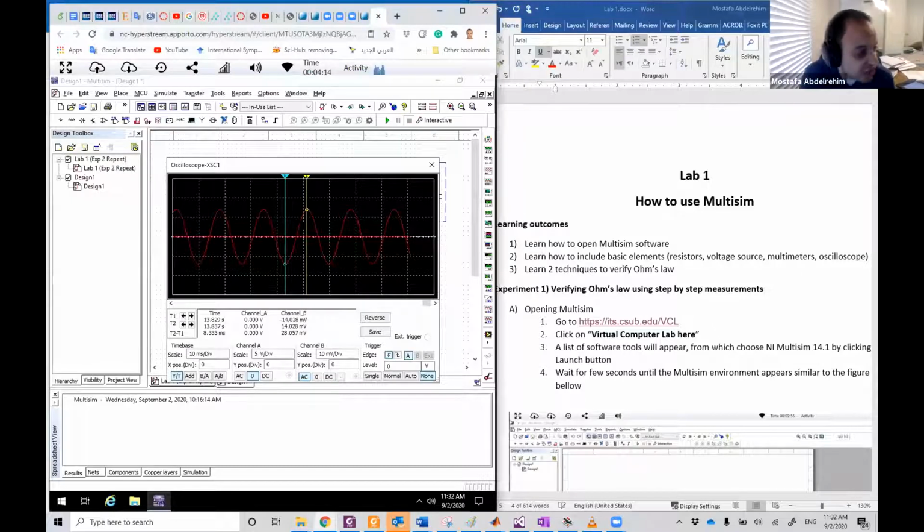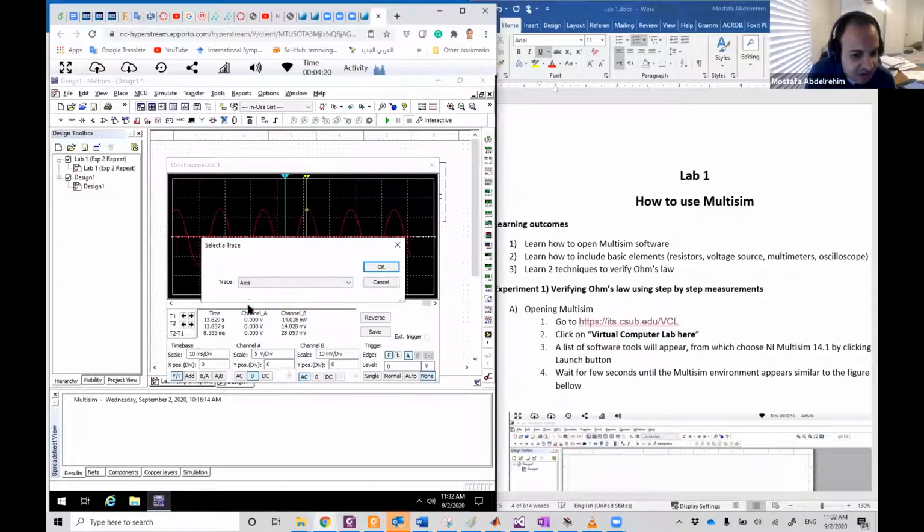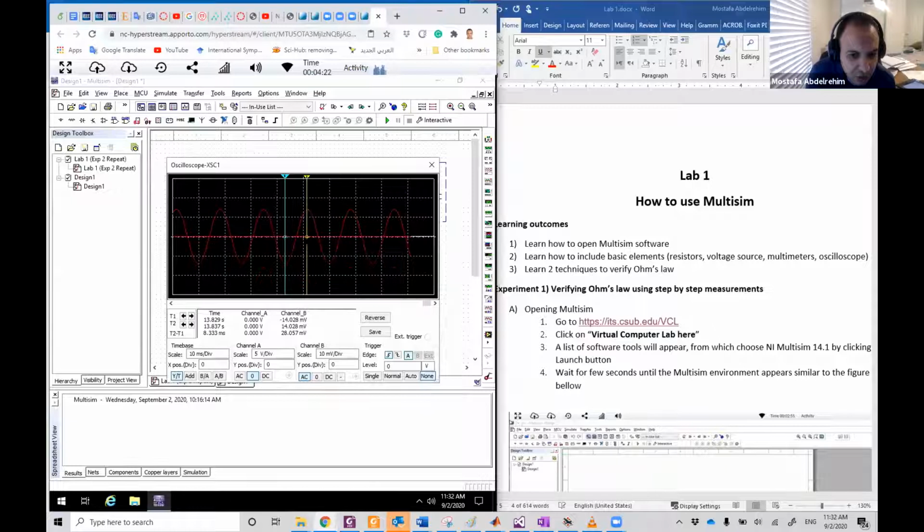If you want to measure the time or the period, again, right click, select source, and choose the x-axis. So you will be on the x-axis. You can, for example, make something like this. So what is this point? Look here, there is a list called time. This number is the time at this point.